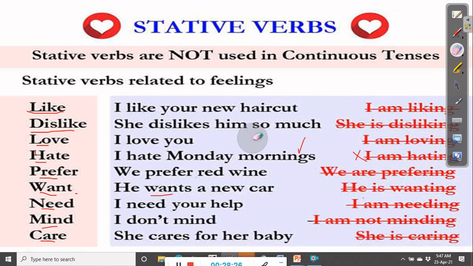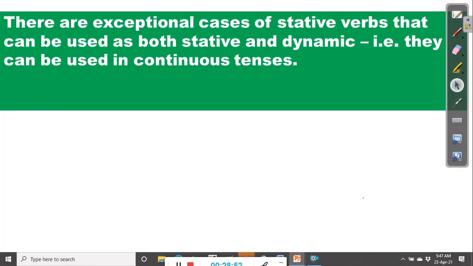So we have been able to look at specific examples of how we can use stative verbs correctly, and we have also looked at the wrong use of stative verbs that has to be avoided in order to avoid committing grammatical blunders. All right.